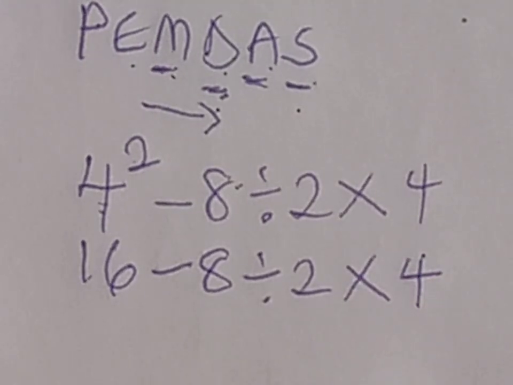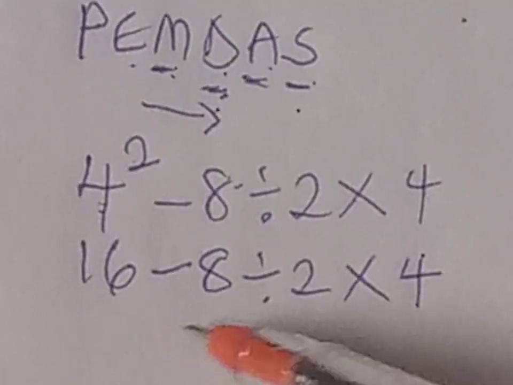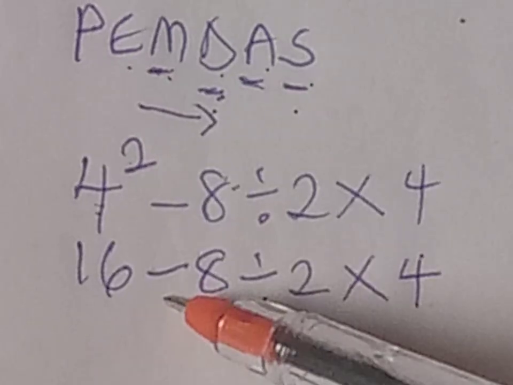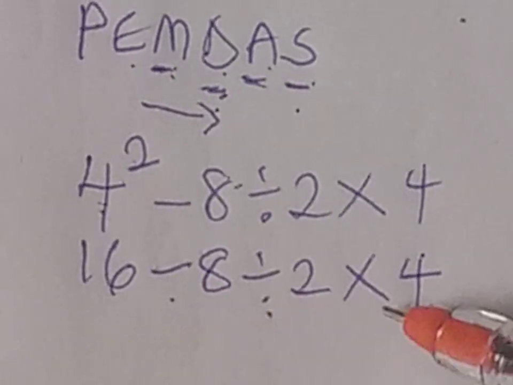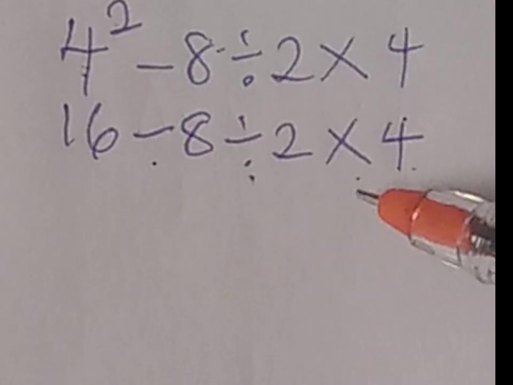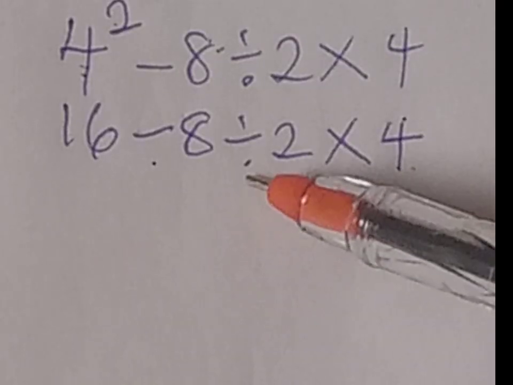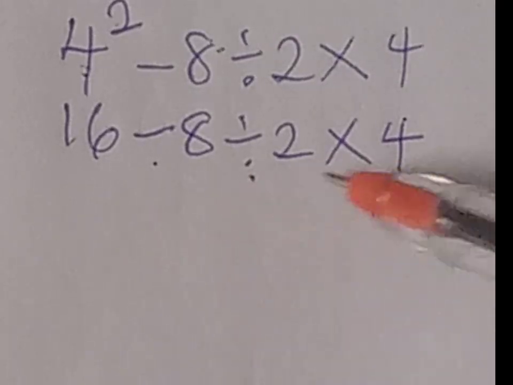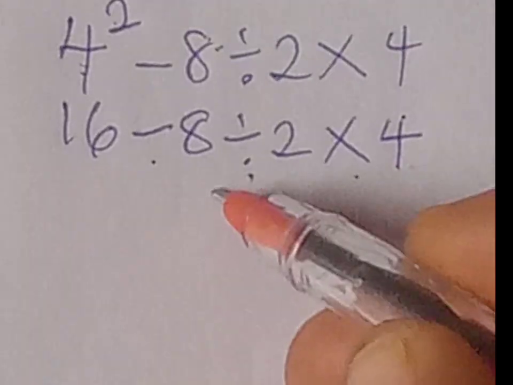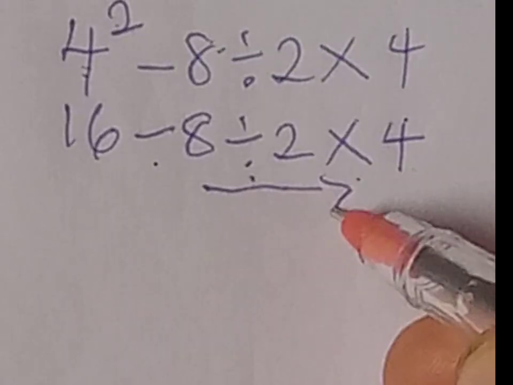Now, the next thing is we now have what? 3 operations left here. We have subtraction, division, and multiplication. Under the rule of PEMDAS, once you have multiplication and division beside each other, you are meant to start from the left to the right.